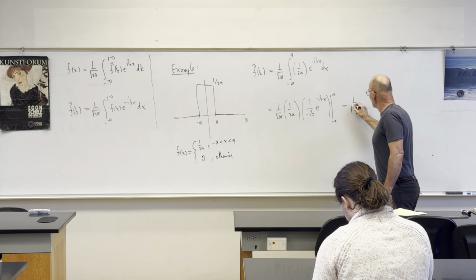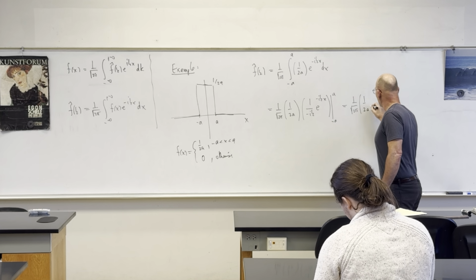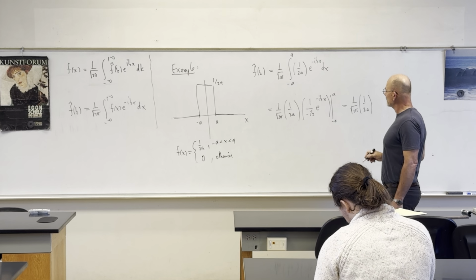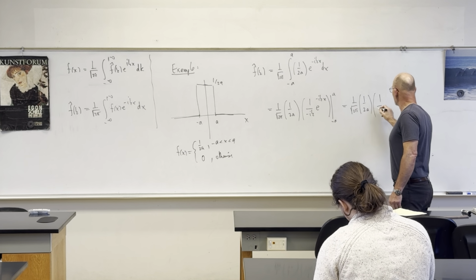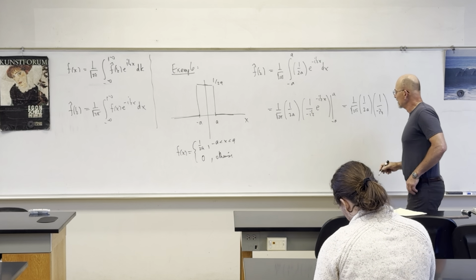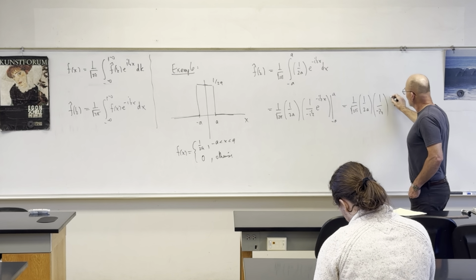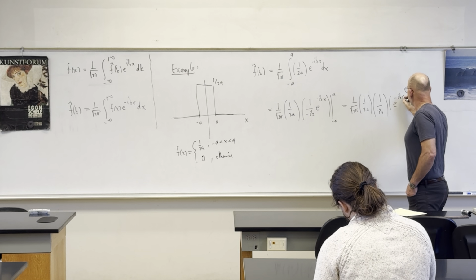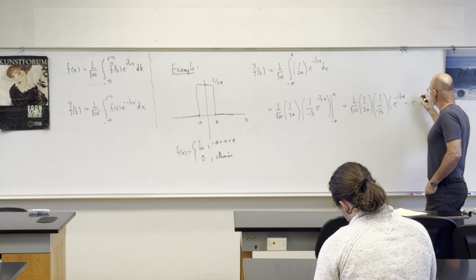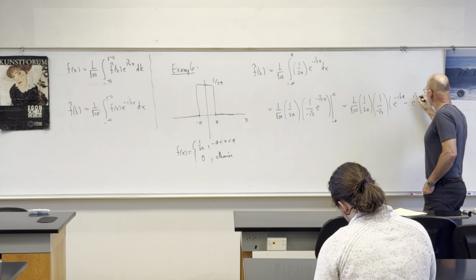So root 2 pi over 2a, over negative i k. And we have here just e to the negative i k a minus e to the i k a.